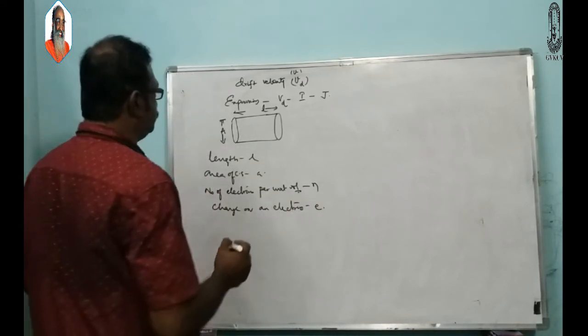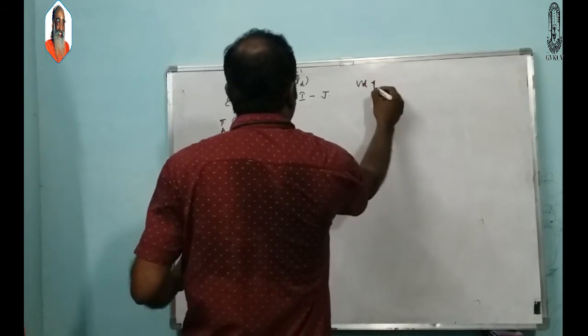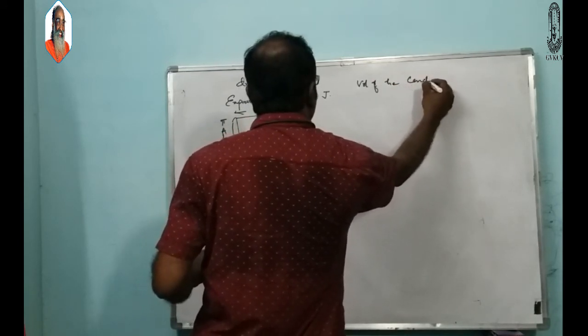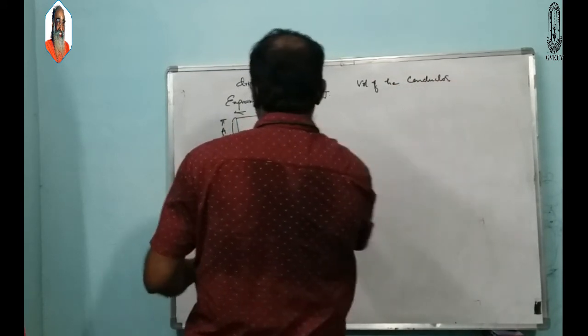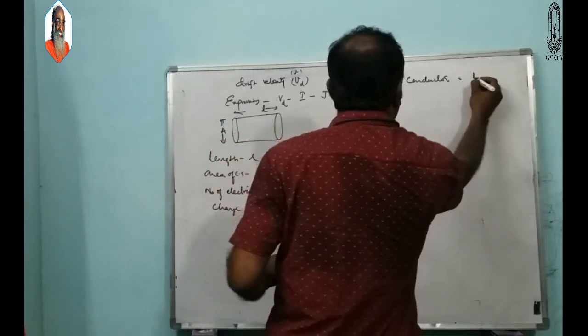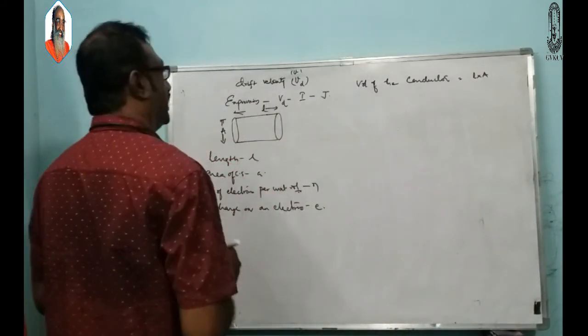First, let us write the volume of the conductor. Its length is L and cross-sectional area is A, so the volume is L into A.